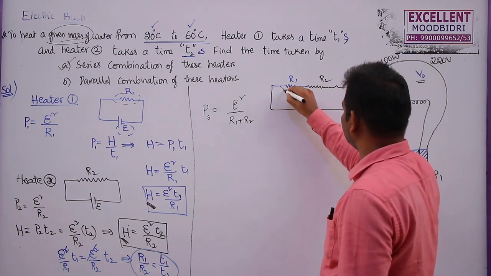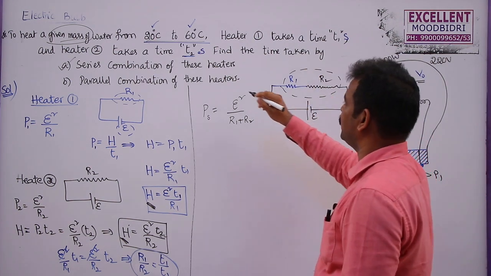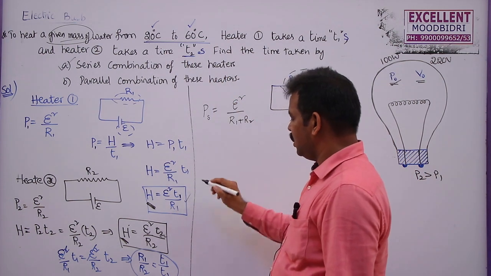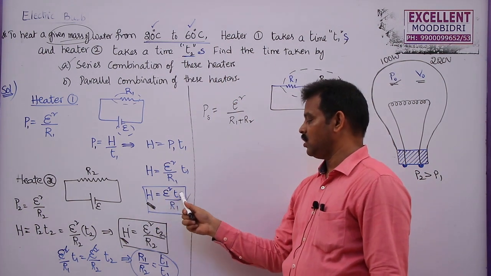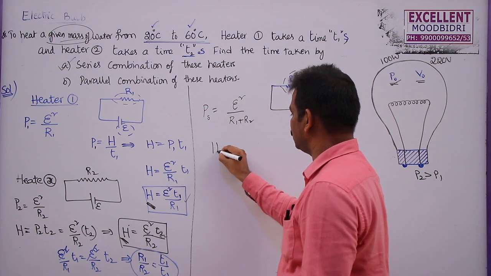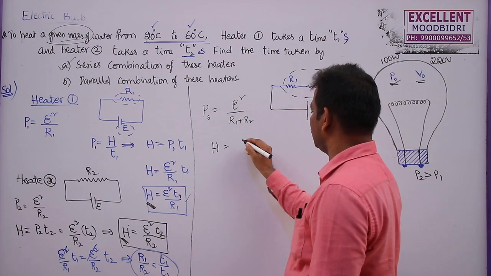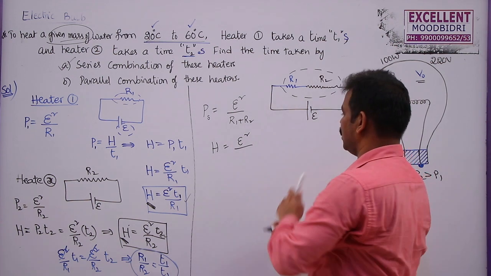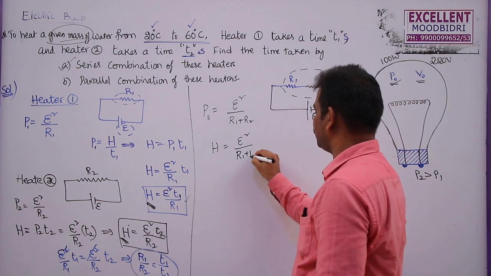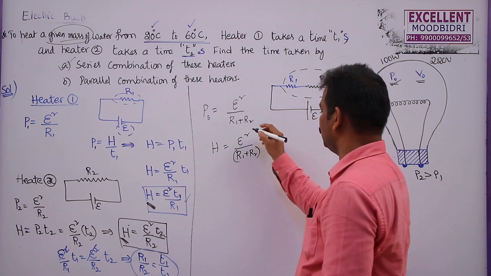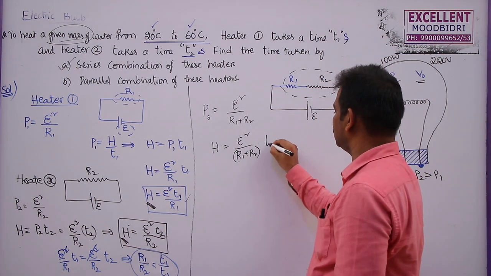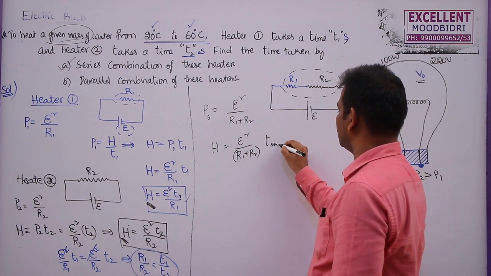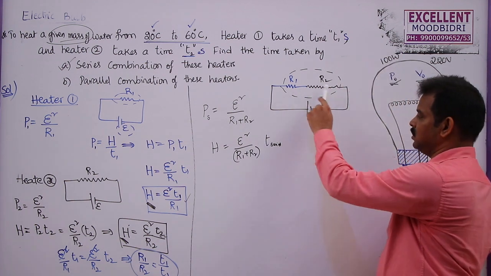Now, how much heat is required to increase the temperature from 20 to 60? We know the heat required must be equal to E square T1 by R1. So here also, the same heat is required: E square by the total resistance of this combination, R1 plus R2, into the total time taken, T series, because now the resistors are connected in series.